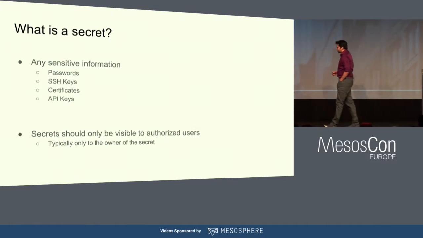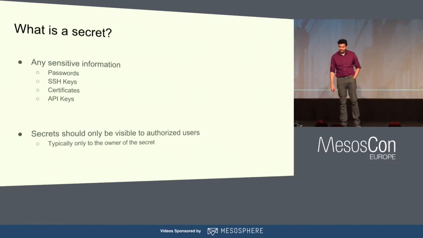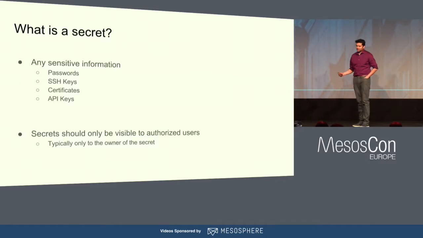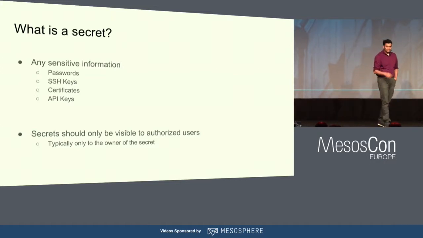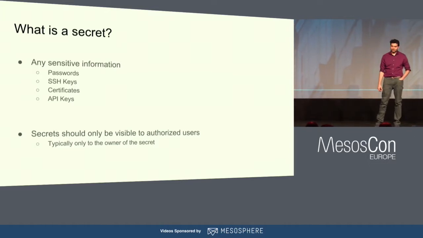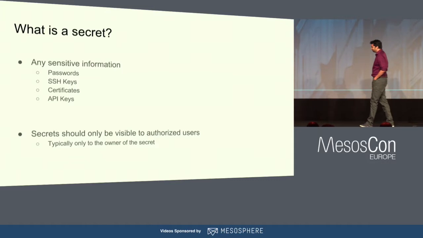So what's a secret? A secret in our terminology basically means any sensitive information that you want to use in your cluster. These could be things like passwords, SSH keys, certificates, API keys, what have you. You typically need some of these in a secure cluster to be able to access authenticated services, right?